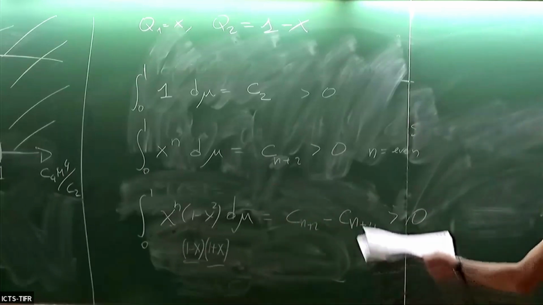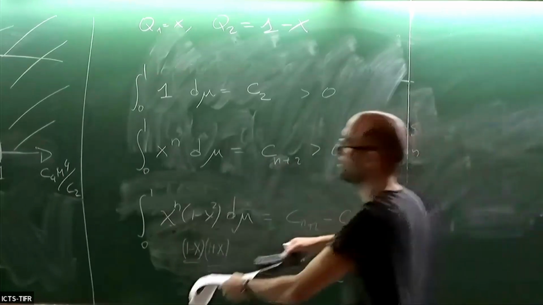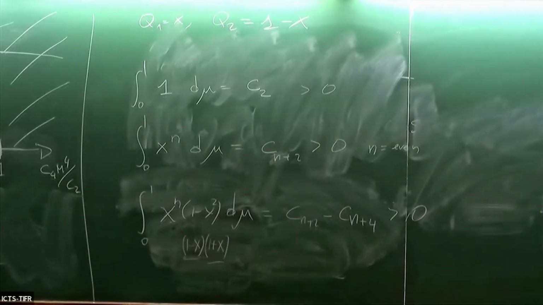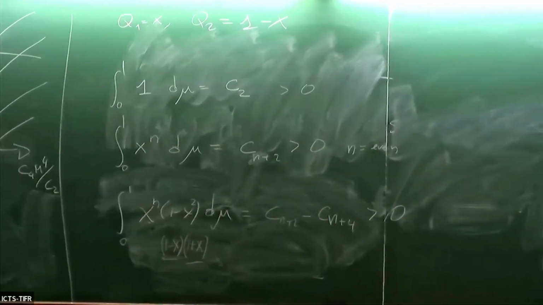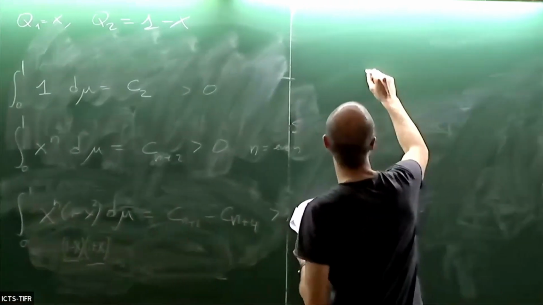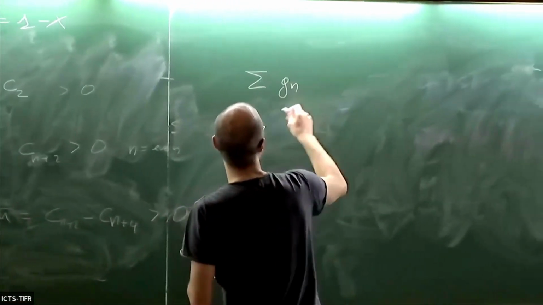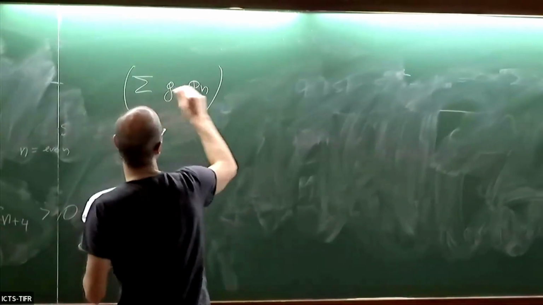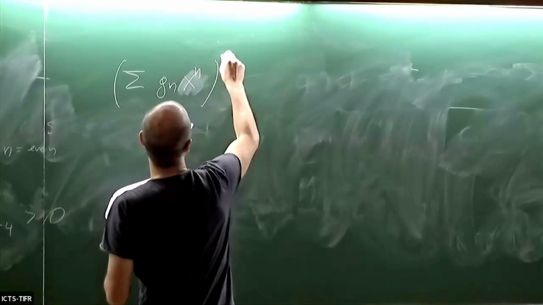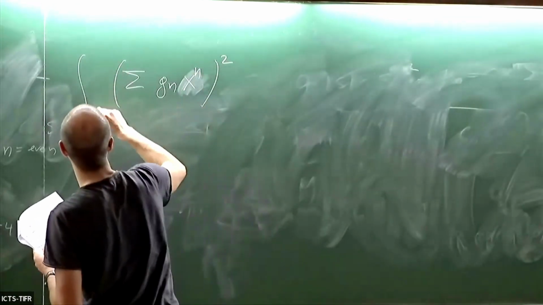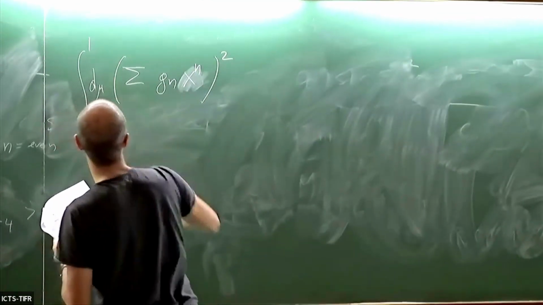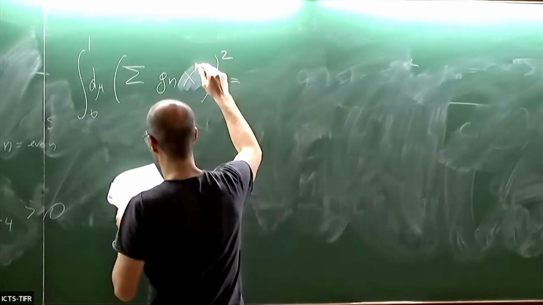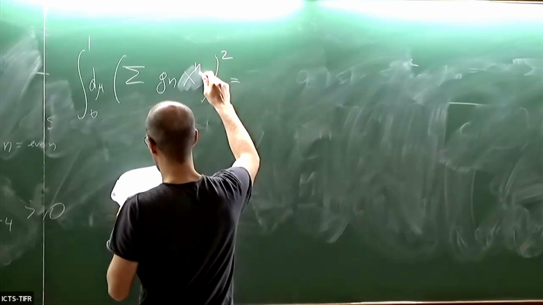Now, let's also get, for example, very simply this banana plot. So let's take a square. Now let's take a generic polynomial Pn and square it. So x^n, sorry. Integrated over 0, 1 d mu, and let's take even powers.